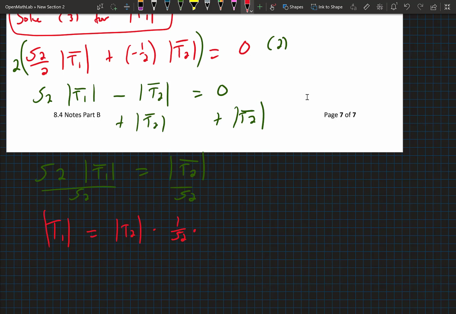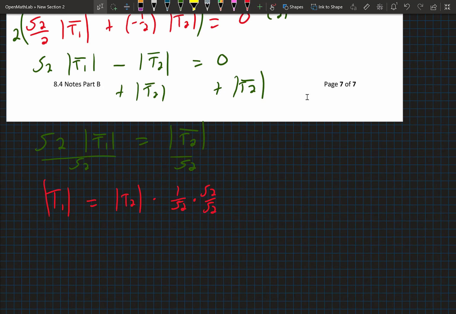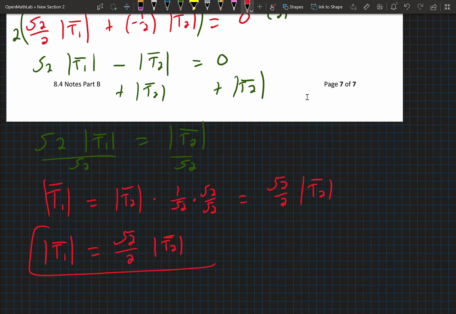And then I can multiply this times radical 2 over radical 2 just to simplify this, which gives me radical 2 over 2 times the magnitude of T2. Right. So in other words, the magnitude of T1 is equal to radical 2 divided by 2 times the magnitude of T2. Right, so we need to keep this, and I'm going to refer to this as equation 5.